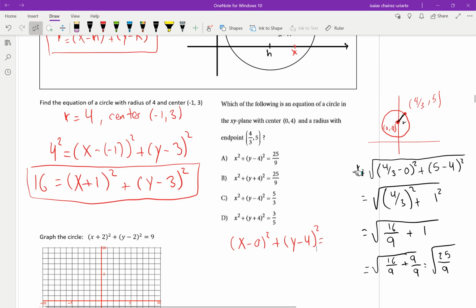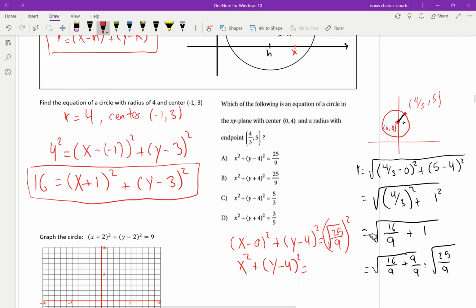The length of the radius is the square root of 25 over 9, but then we have to square that, don't forget that, so be careful. x minus 0 squared, that's just like saying x squared. And then y minus 4 squared, we'll just keep it as is.